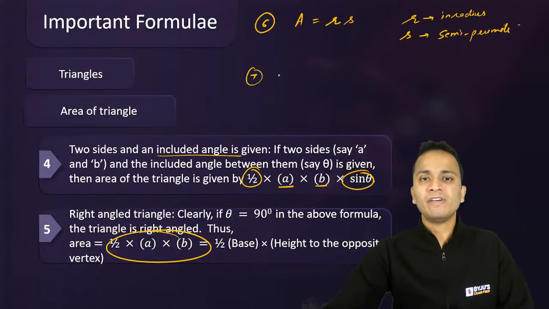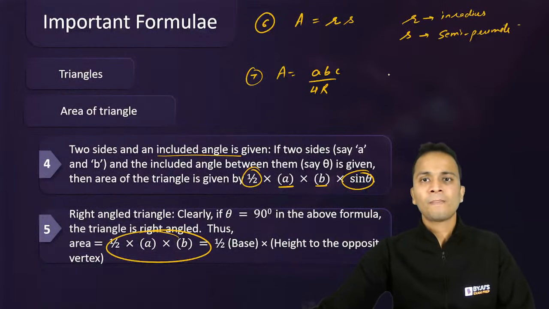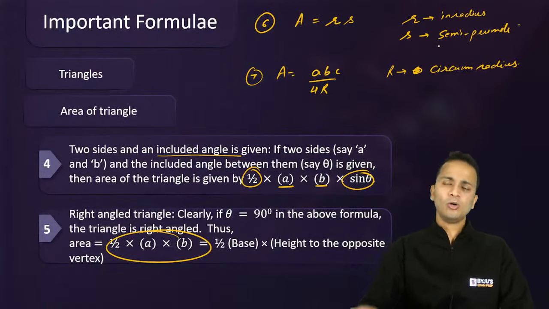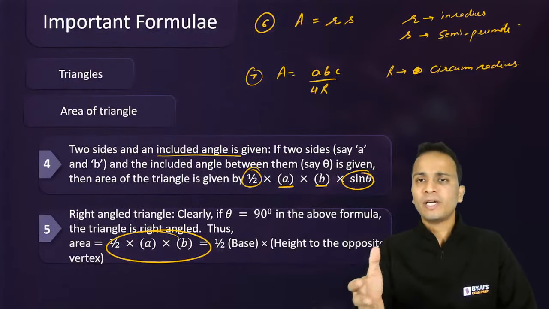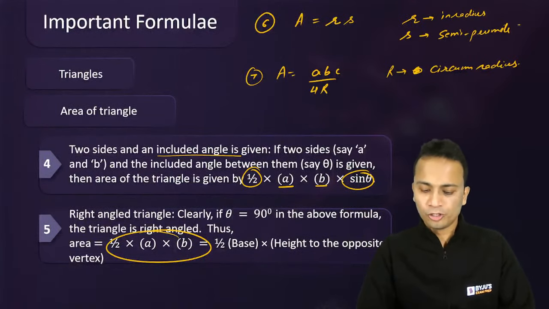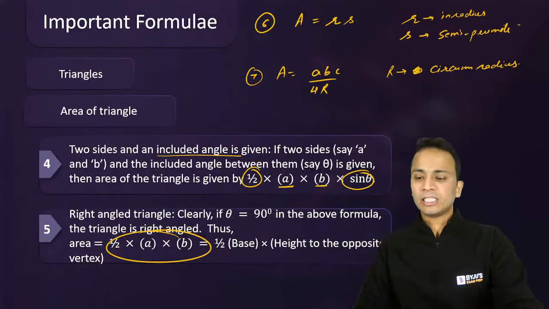Then formula number 7: area is equal to abc upon 4R, where a, b and c are the sides of the triangle and capital R is the circumradius of the triangle. All right. So the formulas for the area of a triangle involving inradius and circumradius are written on your screens. Wonderful. Let's move ahead then.